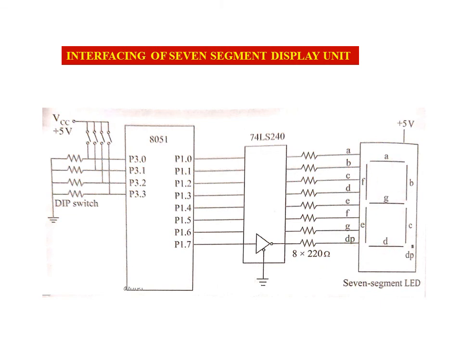The 8051 controller reads data from these switches and produces data for the LED display unit. We already know this driver circuit will invert whatever data is given and produce output for the LEDs to be on or off.